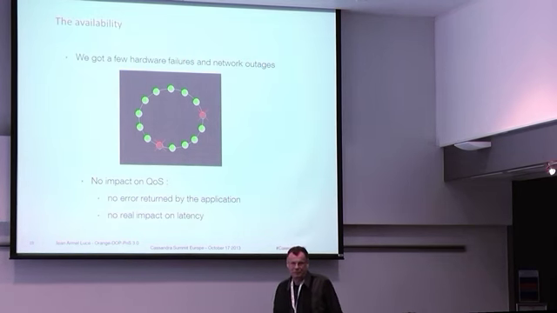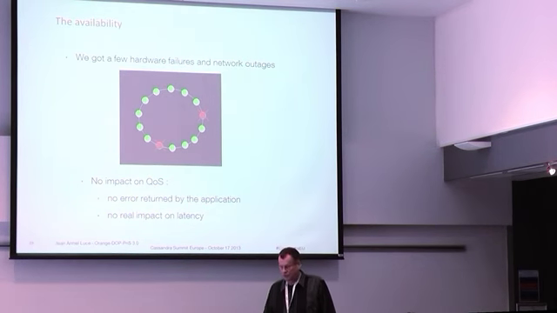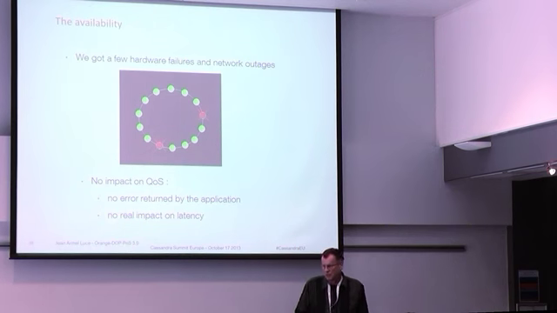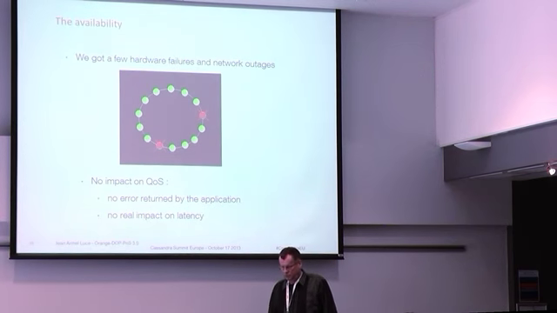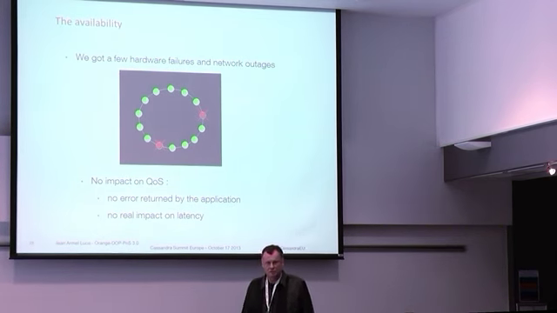And of course, we repaired them a few hours later. Cassandra is really robust. Of course, it depends on the replication factor you use and the consistency level also. But here we had the demonstration that Cassandra works well in case of problem.